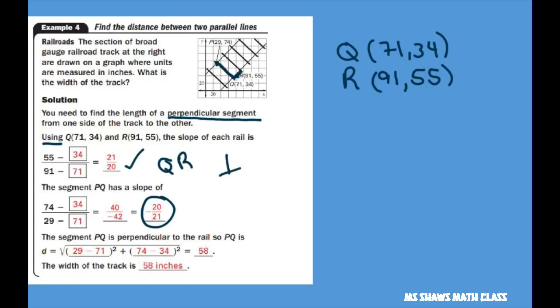These are perpendicular because the slopes are negative reciprocals of each other. And then you just use your distance formula to find the width of the track here.